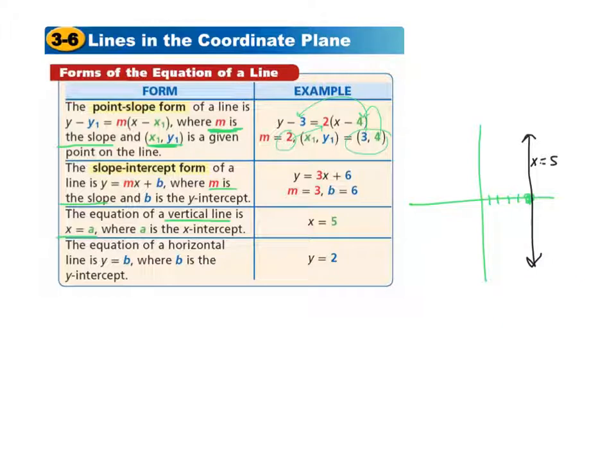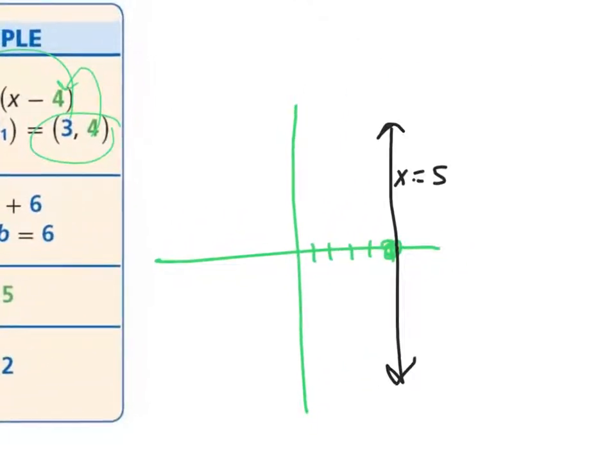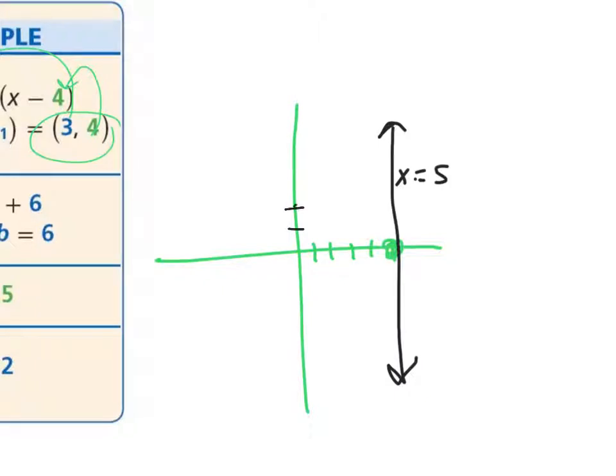The equation of a horizontal line is y is equal to b, where b is the y-intercept. So if y is equal to 2, we would go up 2, and this would be a line with the equation y is equal to 2. If it's y is equal to something, it's a horizontal line. If it's x is equal to a number, it's a vertical line.